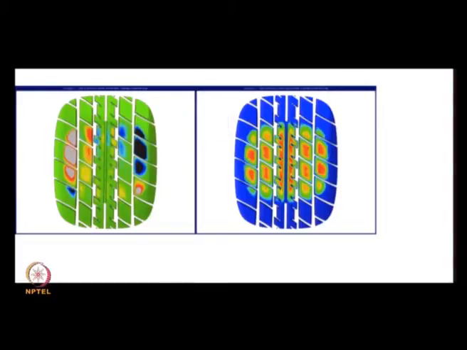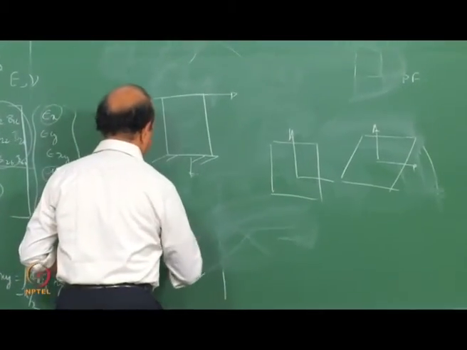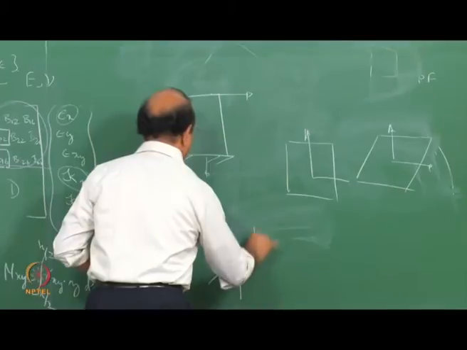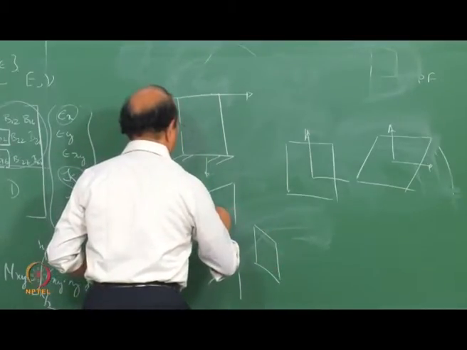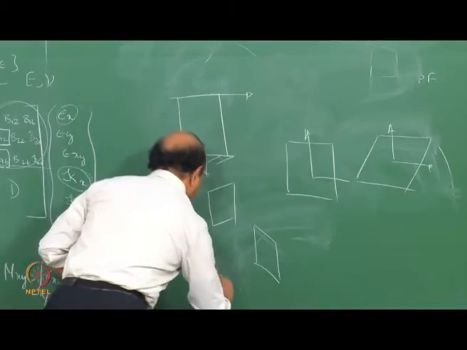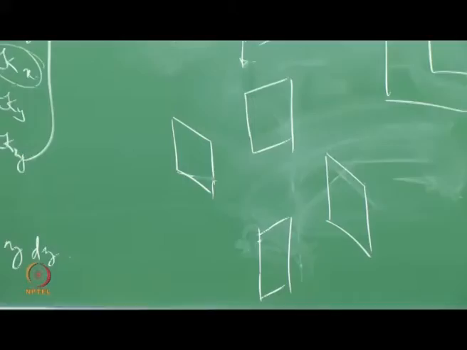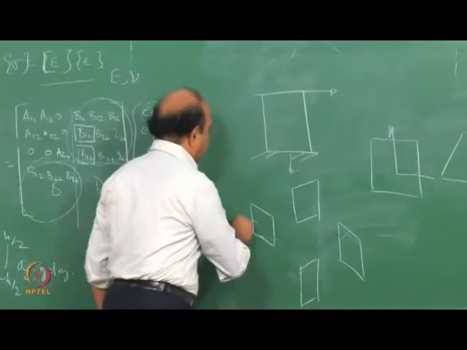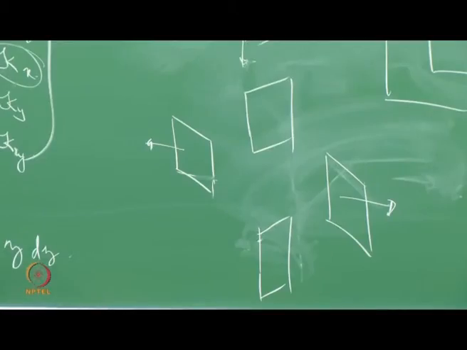Now I have shears happening. Let us say that I have these kinds of rhombus blocks sitting like this, and even when it's rolling, remember that there are going to be lateral shear forces.